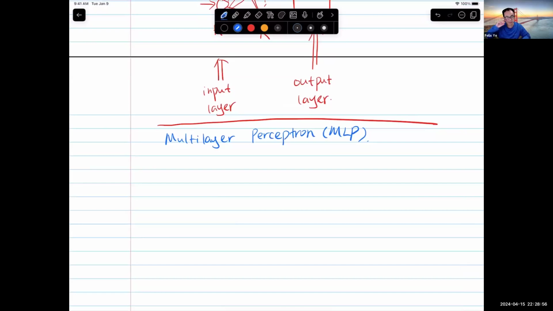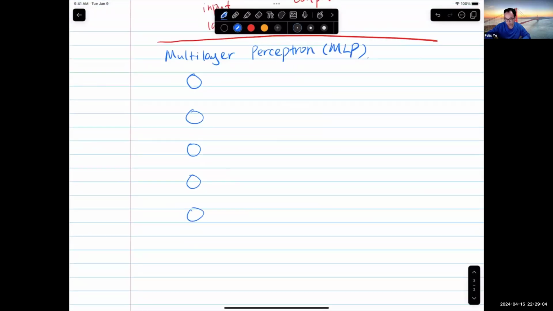Okay, so what this is doing is I still have these input layers. So this is say R^5, so I have 5 neurons: X1, X2, X3, X4, X5. So basically I have 5 dimensions, and this is my input.